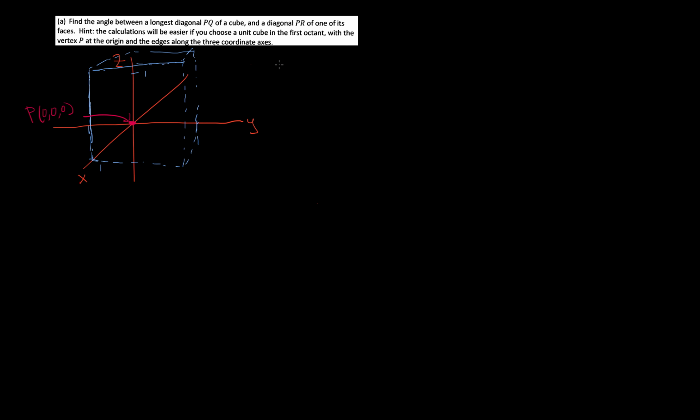And we're going to have Q. Q is going to be up here. If we think about it, this is the longest diagonal of the cube, which is what it's asking us for. And that's 1, 1, 1. If you think about it, we're coming 1 in the x direction, 1 in the y direction, 1 in the z direction. And a diagonal PR with one of its faces.